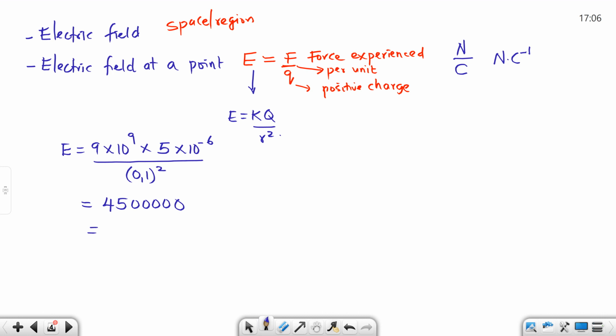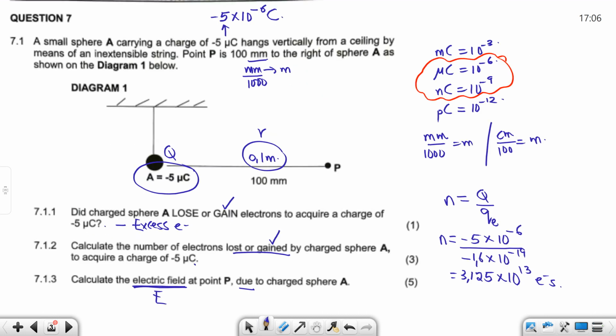Now, what is our unit? Let me write both. So when you are practicing again, what is our unit? It is Newton per coulomb. However, the examiner did not tell us to find the magnitude. They said find the electric field. Remember, these point charges are always what? Positive. And I know this charge to be negative.